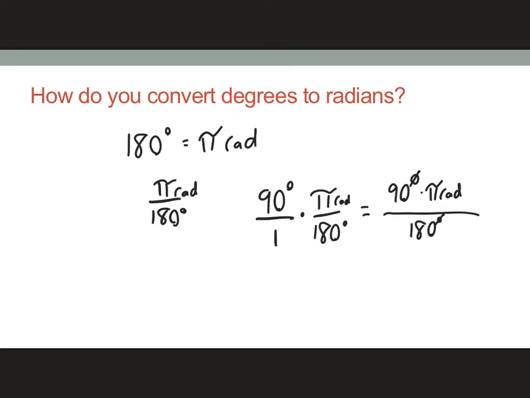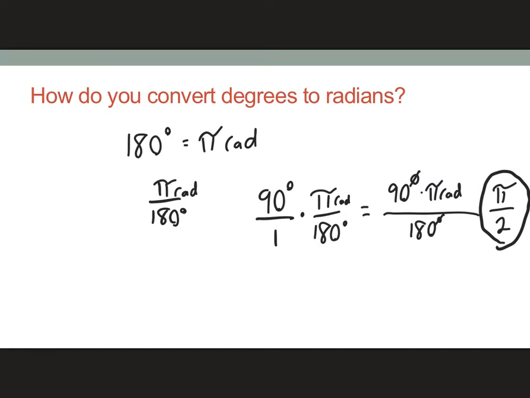So 1 times pi is pi. 180 was reduced to a 2. 90 degrees is pi over 2 radians. Now, typically when you write it in terms of pi, you don't include the RAD at the end. Since it's the standard unit, it's assumed that it's in radians as soon as you see a pi in the angle measure.